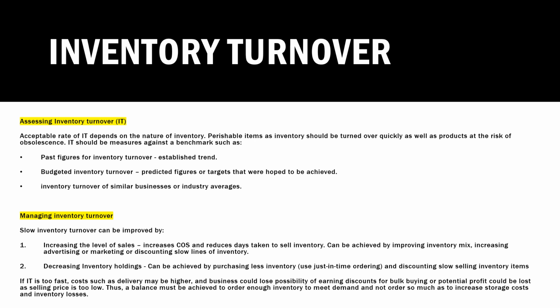Second, you decrease how much inventory you keep at all times, so inventory holdings. Either purchase less from the very start. Okay, so only when you need more clothes, let's say, then go and buy them rather than stocking up your cupboard with unnecessary shopping sprees. And that, in the case of a business, will be known as a just-in-time ordering system.